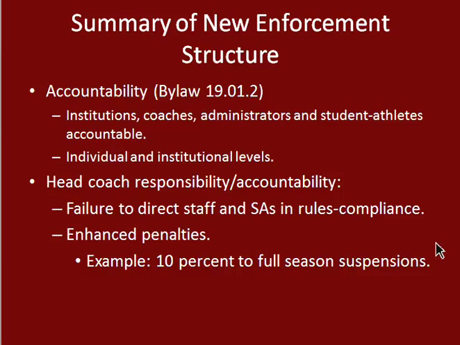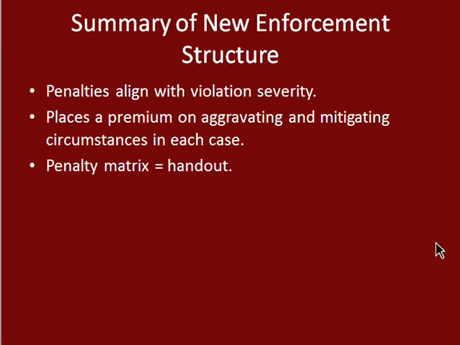In our webinar handout, we have a list that was prepared by the NCAA enforcement staff of the Level 3 violations that head coaches could be suspended for. What the working group was trying to do was align the penalties with the seriousness of the violation.